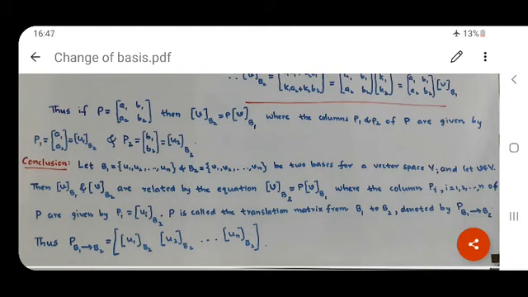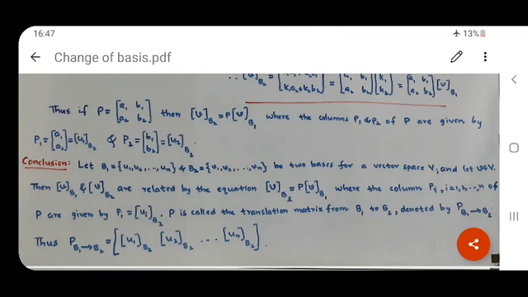Sometimes it is known as the translation matrix also. It is the transition matrix from B1 to B2, denoted by P with subscript B1 arrow B2. Thus, the transition matrix P from B1 to B2 is that particular n by n matrix where the first column is the matrix of u1 relative to B2, the second column is the matrix of u2 relative to B2, and so on.